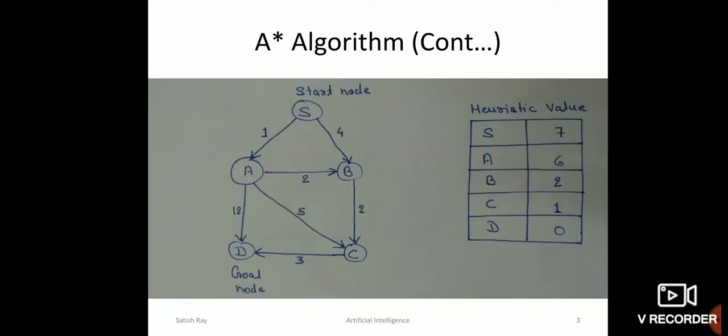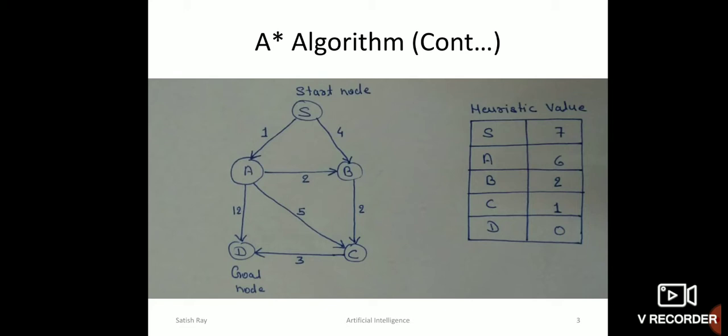So we will see this example. To understand this algorithm, we have to move from our start node S to our goal node D, and in this graph values are given for g of n, and for h of n we will use this table at the right hand side.